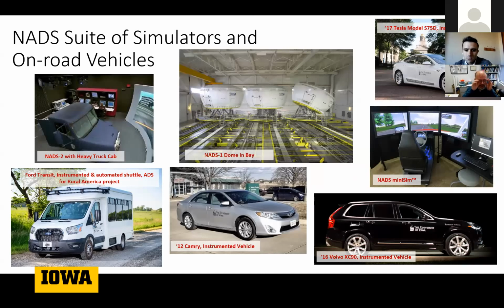This slide just shows a little bit more of a background on the simulator and the center. One of the reasons that we're interested in this connected simulator technology is not only to connect NADS-1 with other simulators, but we have a growing fleet of instrumented on-road vehicles, the latest of which is a Ford Transit instrumented as an automated shuttle that we're using for the ADS for Rural America project. This shuttle was instrumented by Autonomous Stuff.